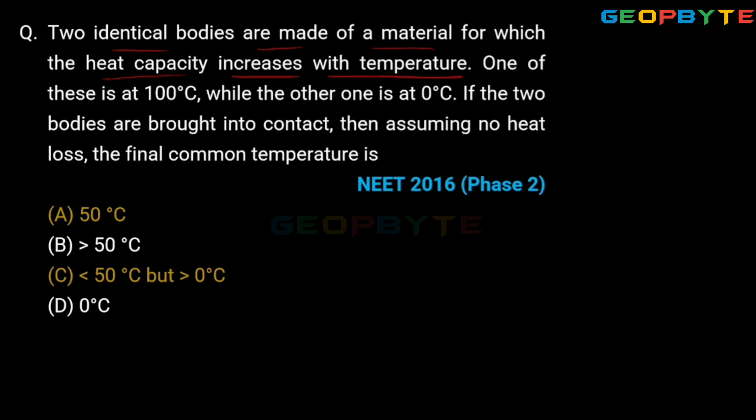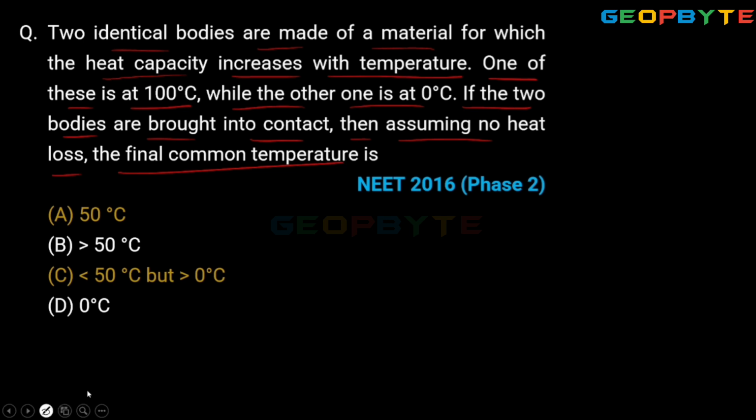Heat capacity increases along with the increase in temperature. One of these is at 100 degrees centigrade, while the other is at 0 degrees centigrade. If the two bodies are brought into contact, then assuming no heat loss, what is the final common temperature?